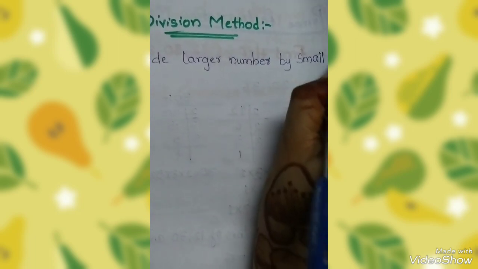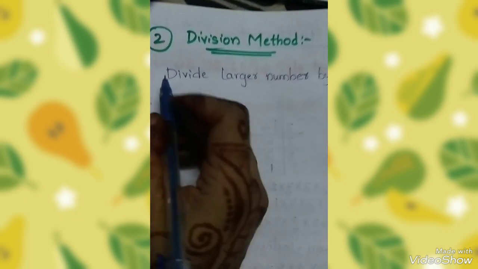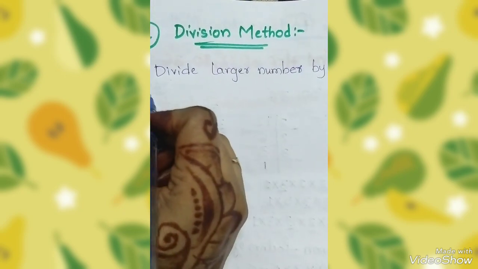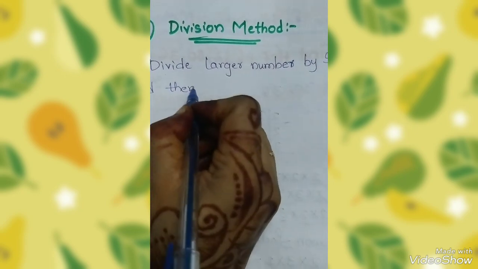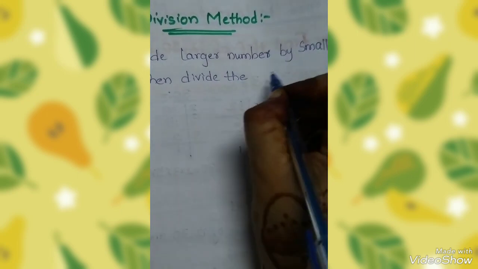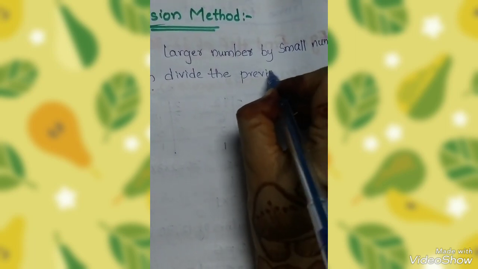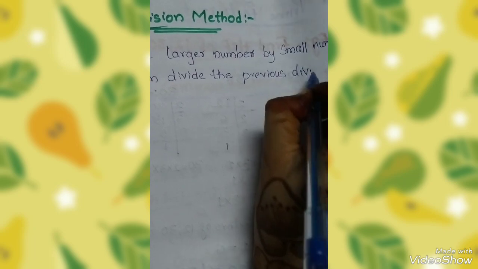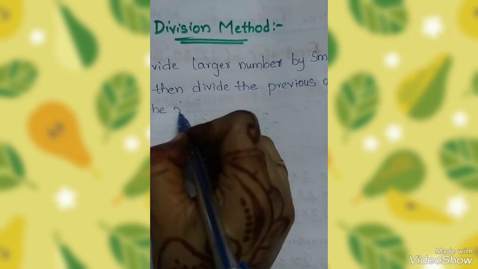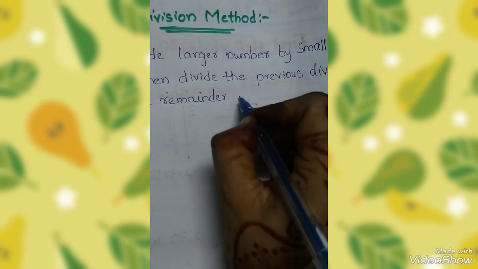Divide the larger number by the smaller number. Okay, children, what is the process here? Divide the larger number by the smaller number, and then again divide the previous divisor by the remainder we obtained, until we get 0.